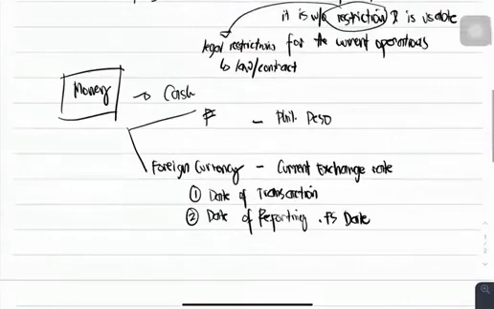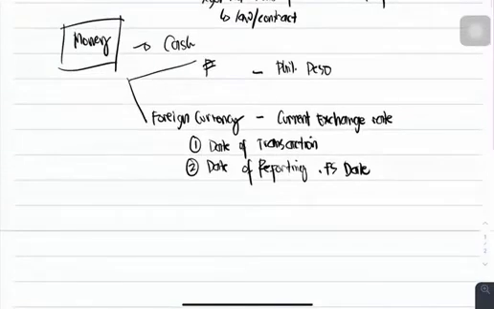Okay, so again, your foreign currency should always be translated at the current exchange rate at the date of transaction and at the date of reporting. So initially at date of transaction, subsequently at the date of reporting.